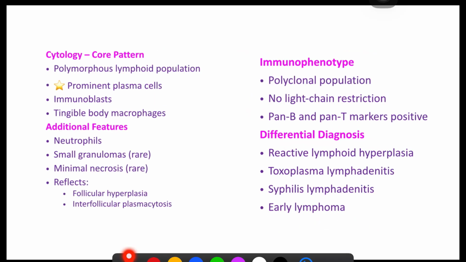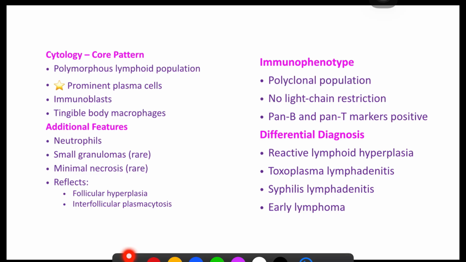The core pattern, as the name suggests, is polymorphous, but with prominent plasma cells, immunoblasts and tingible body macrophages. Additionally, we can see neutrophils, sometimes small granulomas and necrosis, and it reflects follicular hyperplasia as well as interfollicular plasmacytosis.